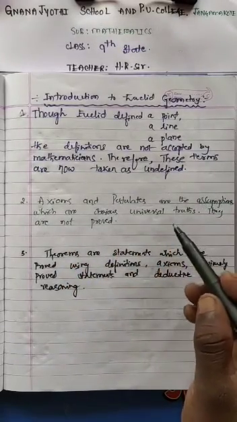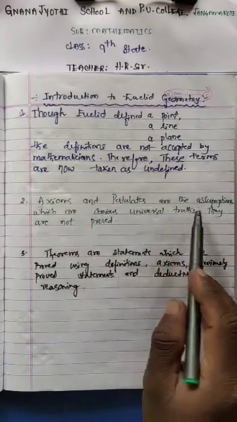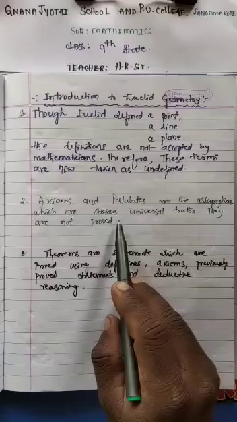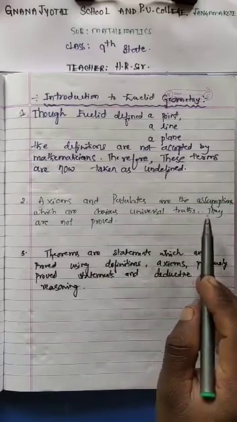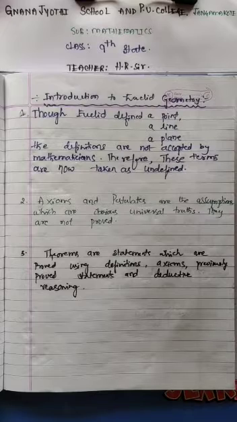The next subtopic is axioms and postulates, which are assumptions that are obvious universal truths. They are not proved. Starting with these definitions, Euclid assumed certain properties which were not to be proved. These assumptions are actually obvious universal truths.